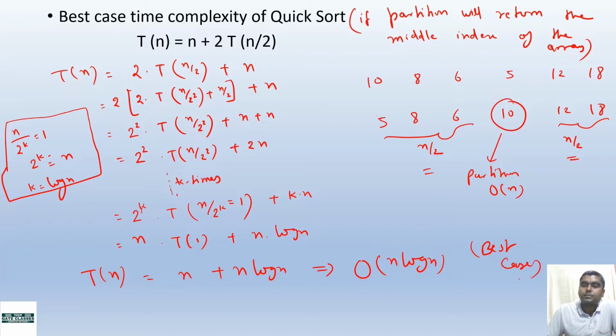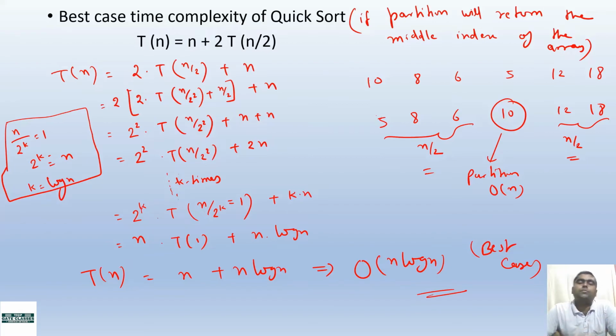Average case is also there, where sometimes you may get an n minus 1 list, sometimes an n by 2 list. The average time complexity of the quicksort algorithm is also the same as the best case, order of n log n.